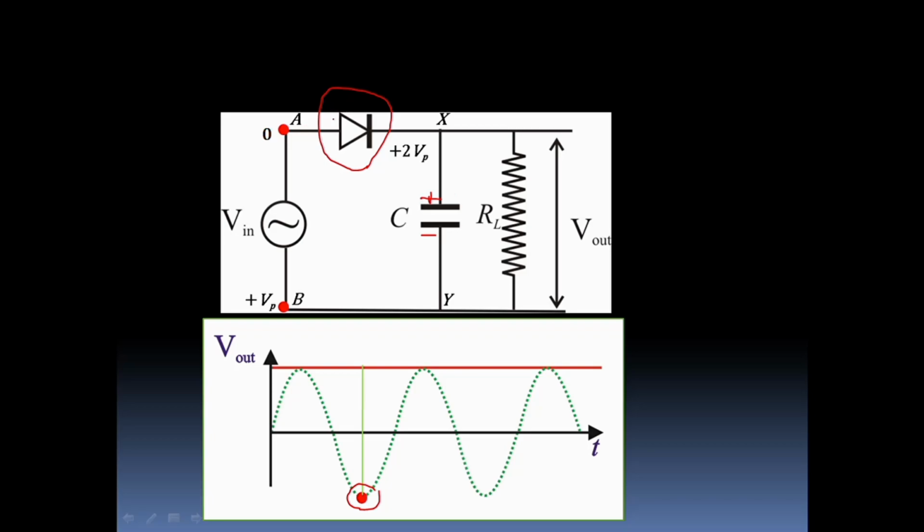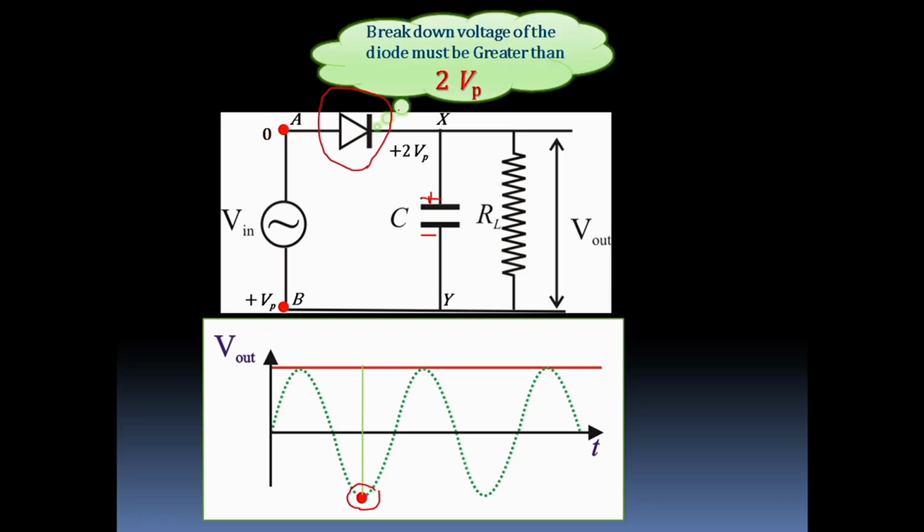Therefore, if the breakdown voltage of this diode is less than 2 VP, the diode will break down at this moment. Then we must keep in mind that when we use a diode for the half wave rectification, its breakdown voltage must be greater than 2 VP for the proper half wave rectification.